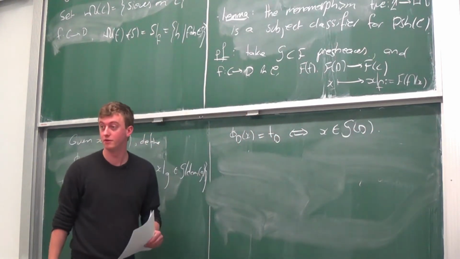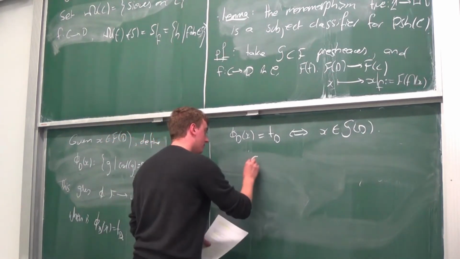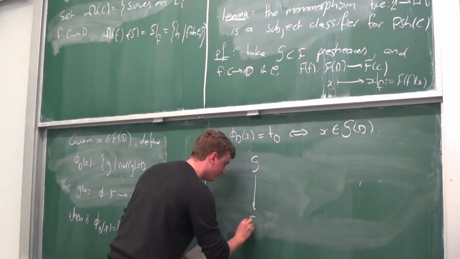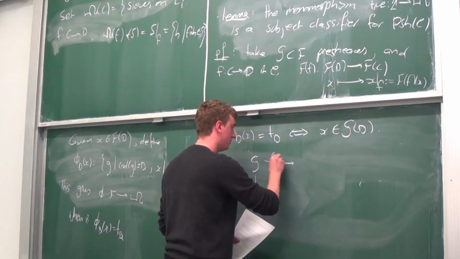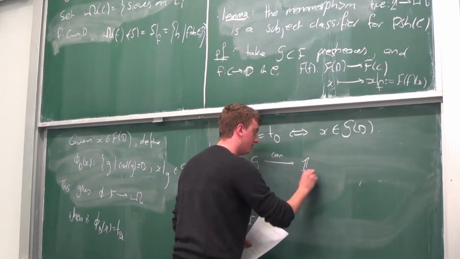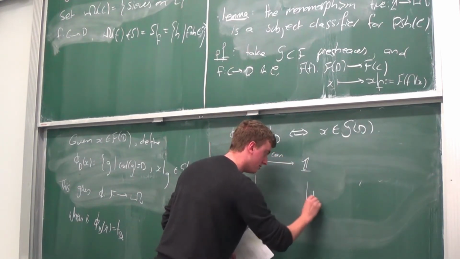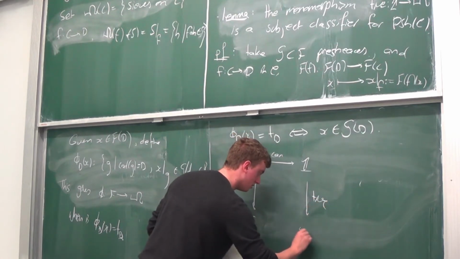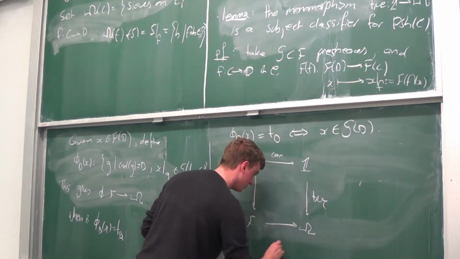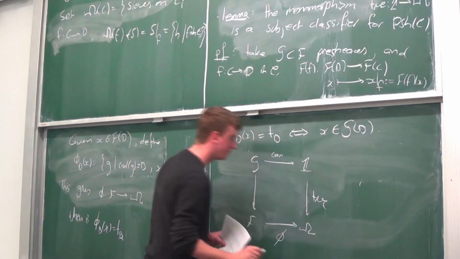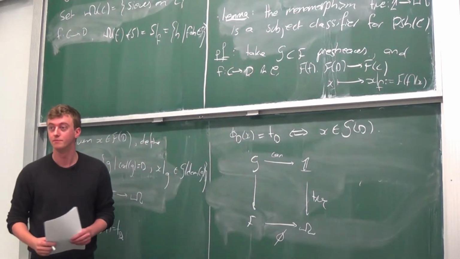Or, in other words, we have a pullback diagram: G down to F, across to the terminal object, like this.